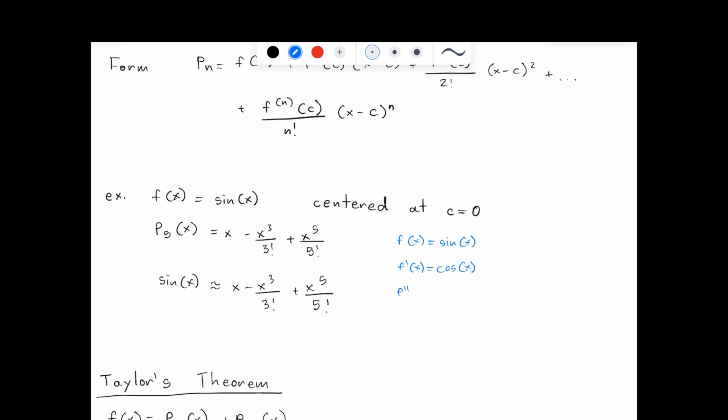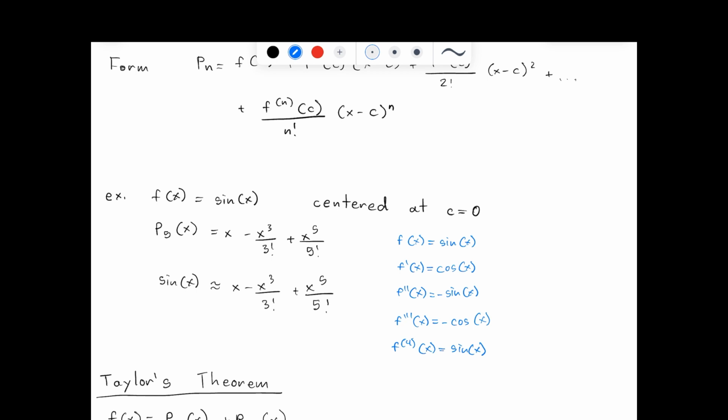The second derivative is negative sine x. The third derivative is negative cosine of x. And the fourth derivative gets us back to sine of x, and this pattern will continue.